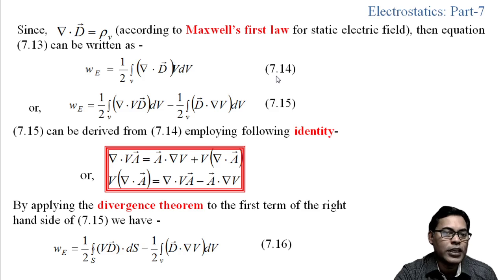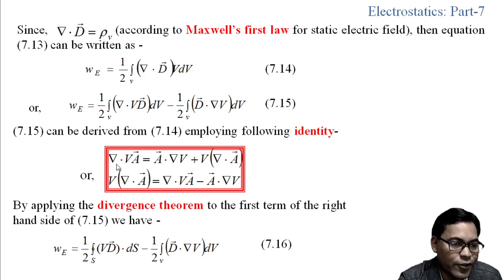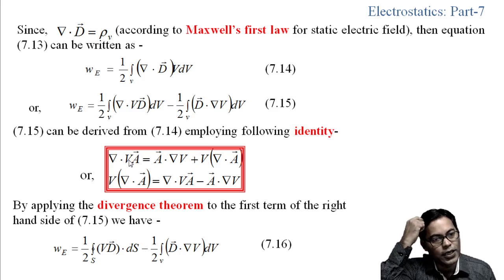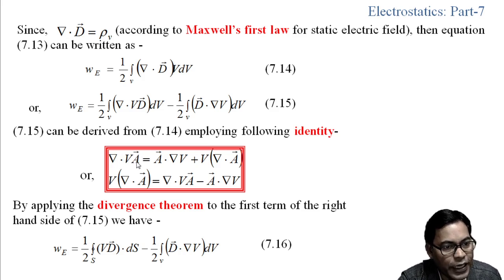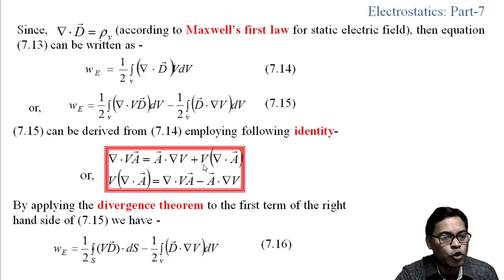To understand how, we need to use a vector identity: del dot V A, where A is a vector quantity and V is a scalar quantity, can be written as A dot del V plus V into del dot A.